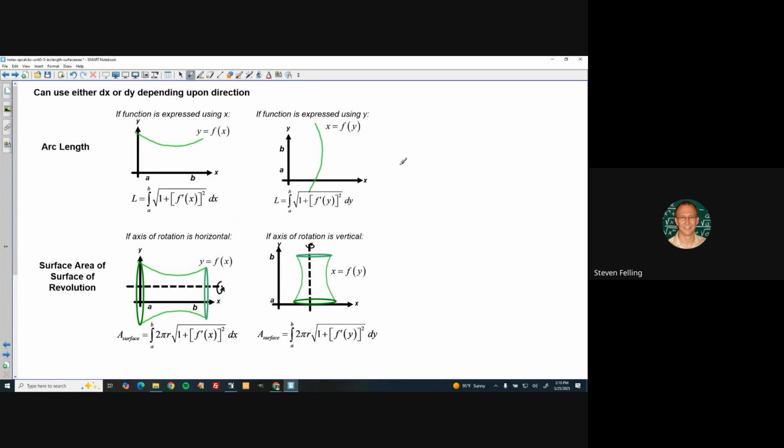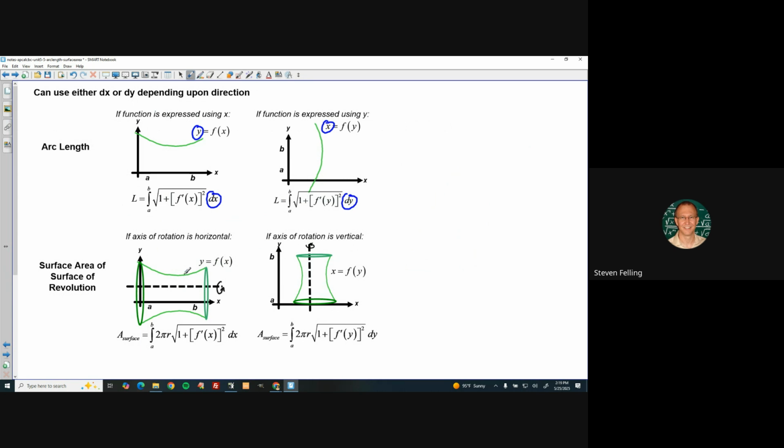So for arc length, you can actually do dx or dy, but if the function is expressed using y, we choose dx. If the function is expressed using x, we choose dy, so that we have the right letters in the derivative. For the surface area of revolution, it depends upon the direction: you have to be perpendicular to the axis.